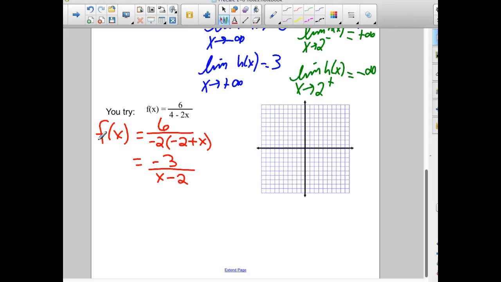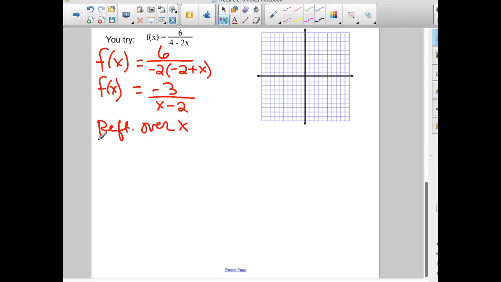Okay, so what transformations are we doing? What's the negative in front do? Okay, we have a reflect over x. What's the 3 do? And at the bottom, right 2.